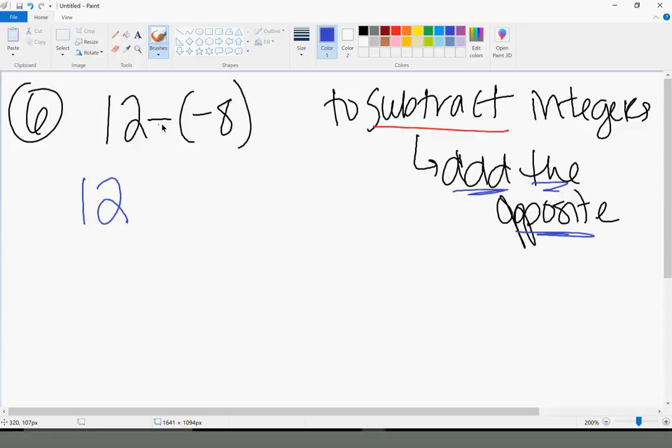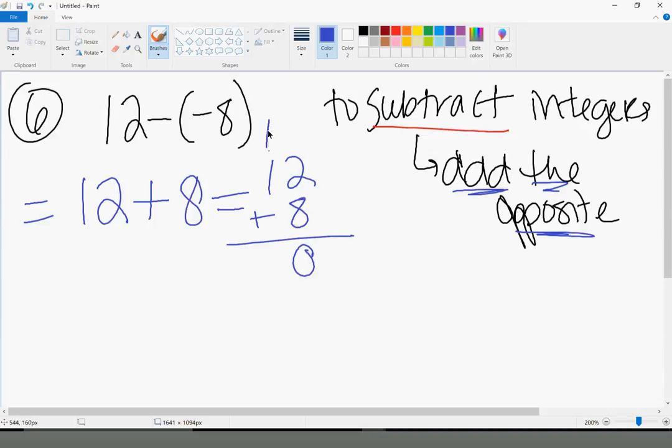So 12, change subtraction to addition, plus, and what's the opposite of -8? +8. So 12 minus -8 is the same thing as 12 plus 8. All right? And so 12 plus 8, 2 plus 8 is 10, carry the 1, 1 plus 1 is 2. So your answer here is 20.